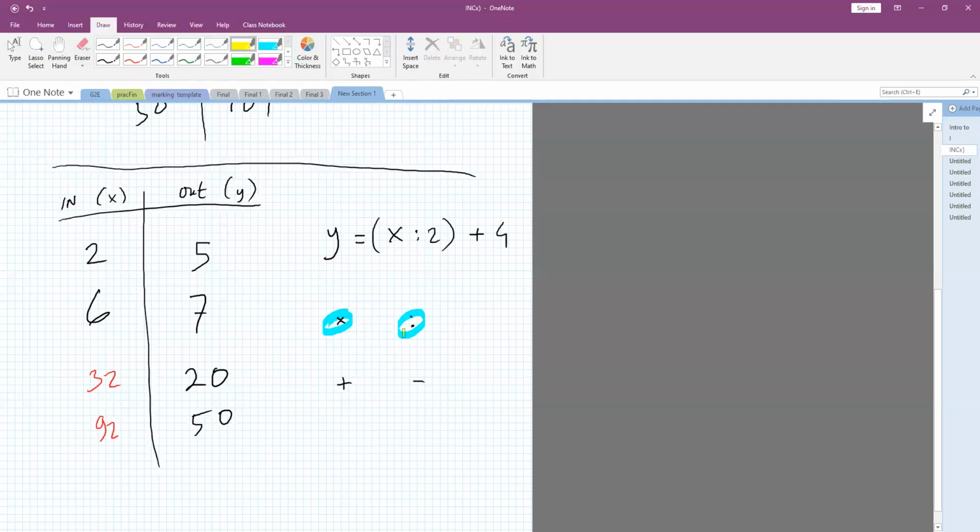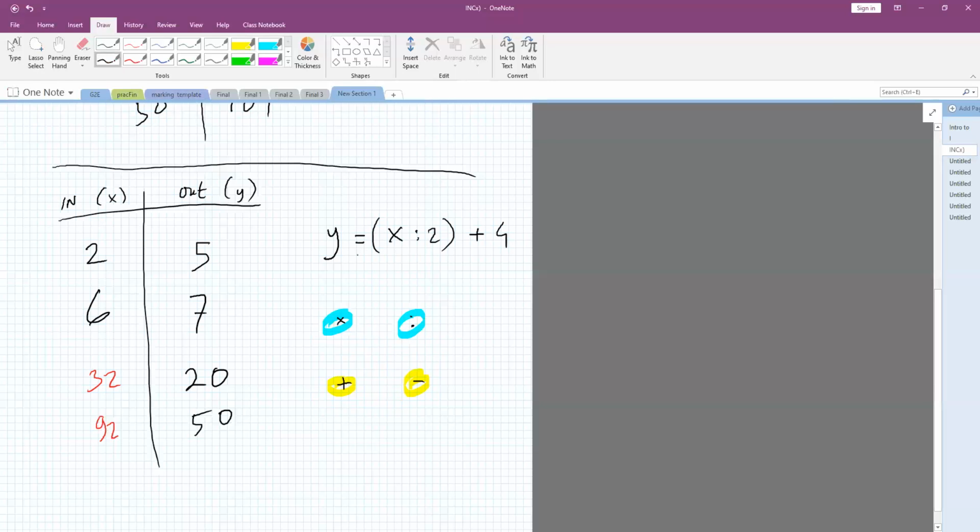Multiplication and division are at the same level, and addition and subtraction are also at the same level, but multiplication and division are higher than addition and subtraction. This is very important.